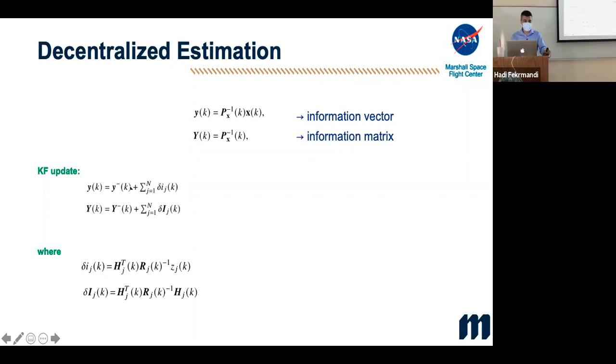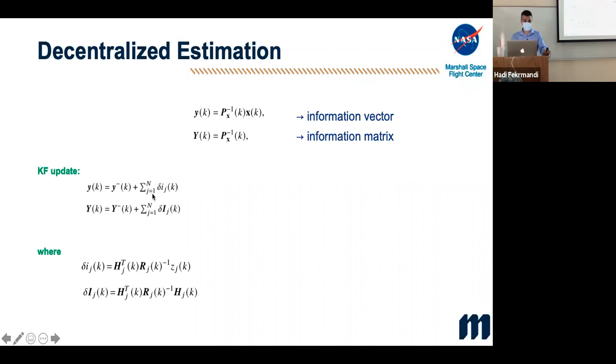What is interesting in this information representation is that when you want to do the fusion, in the second set of two equations, you can see that in probabilistic methods there's a posterior, there's a prior, and there's the update. And the update here is just summing the information that is coming.